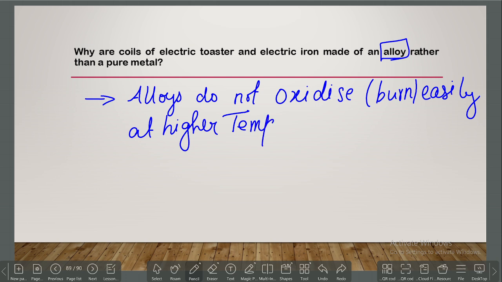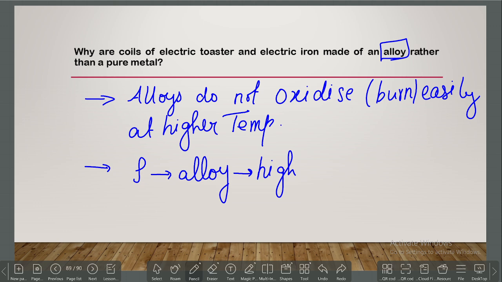So this is the first reason. And the second reason is that the resistivity of an alloy is going to be high. So these are the two reasons why the heating elements, that means the coils of electric toaster and electric iron, are made up of alloys rather than pure metals.